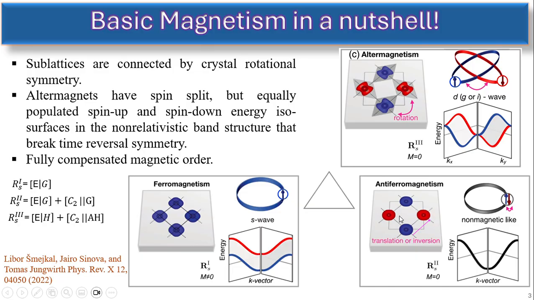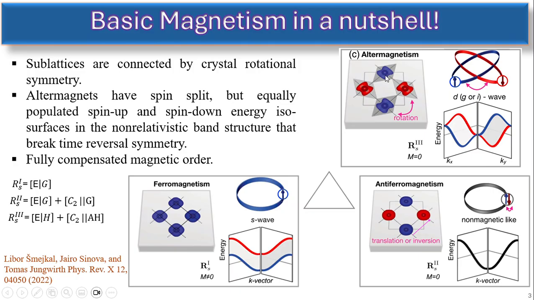In the antiferromagnet, the opposite spin sublattices are connected by translation or inversion symmetry. Due to that, it has spin degenerate bands as well as a spin degenerate Fermi surface.